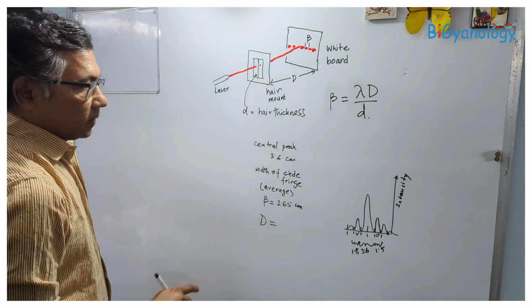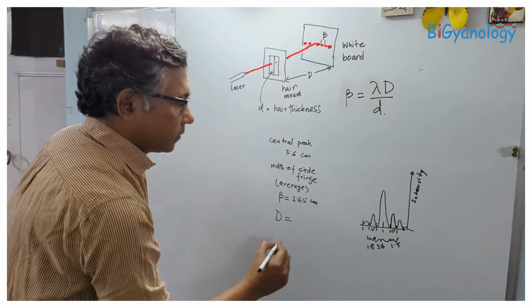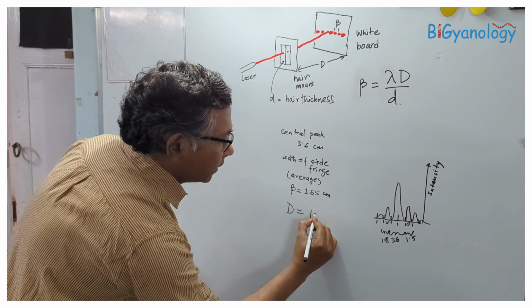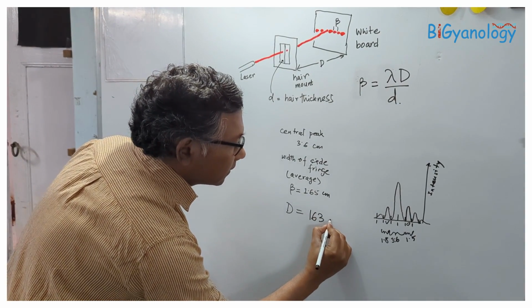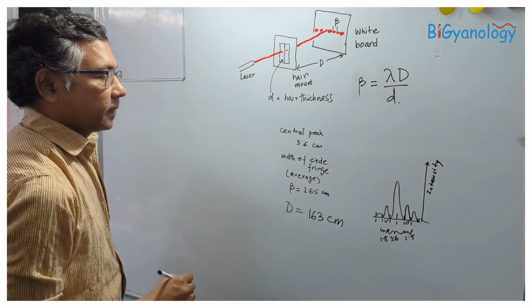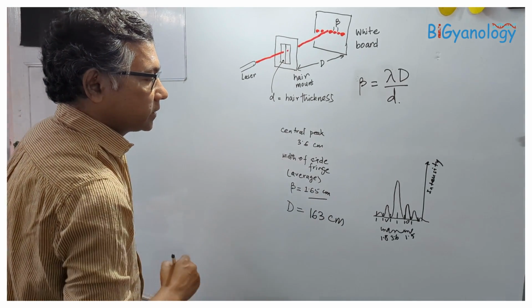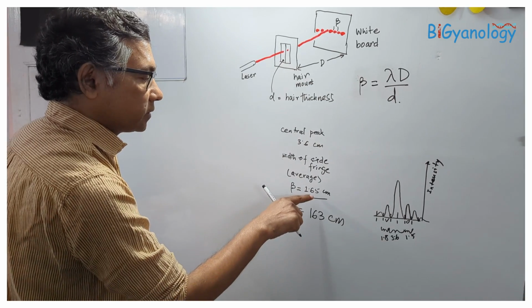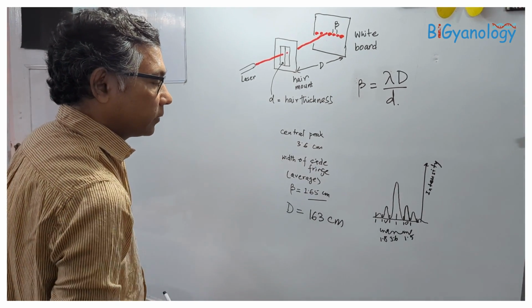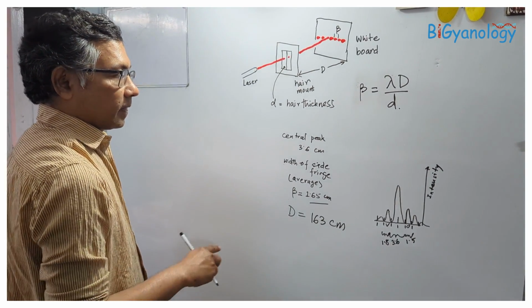Now, capital D we measured as 163 centimeters. Beta is measured as 1.65 centimeters. The measurement is not so accurate, so I will take 1.7 centimeters.